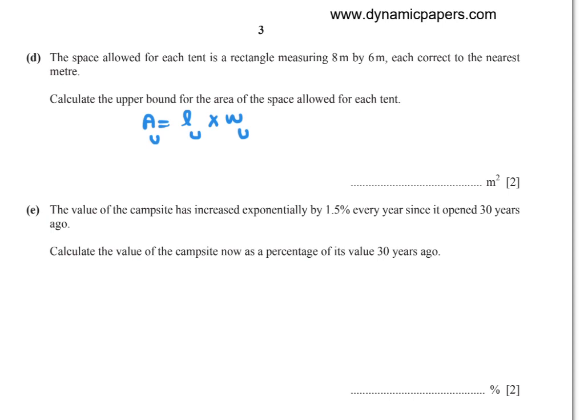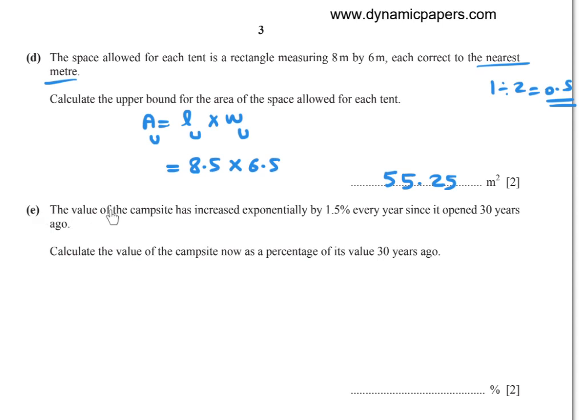Because it is measured to the nearest meter, add 0.5 for the upper bound. So the length is 8 plus 0.5, 8.5. The width is 6 plus 0.5, so 6.5. So the area equals 55.25 meters squared.